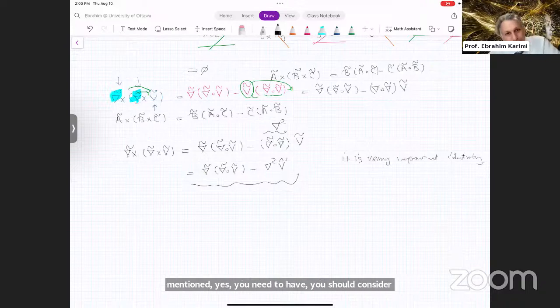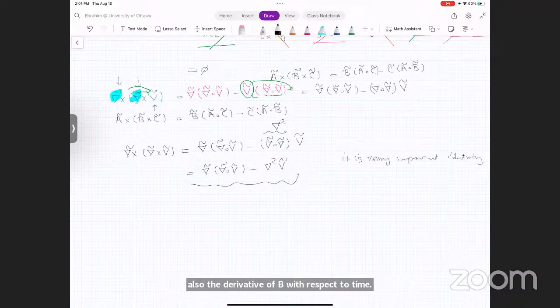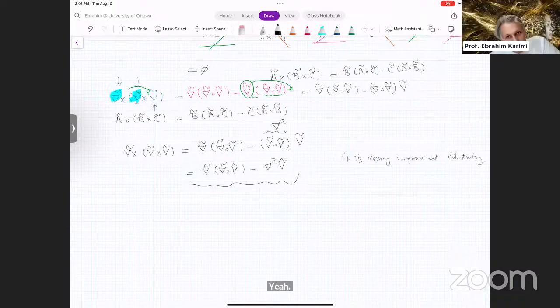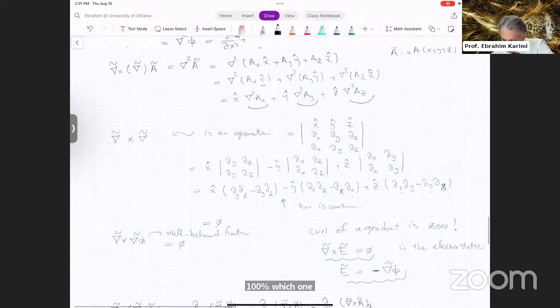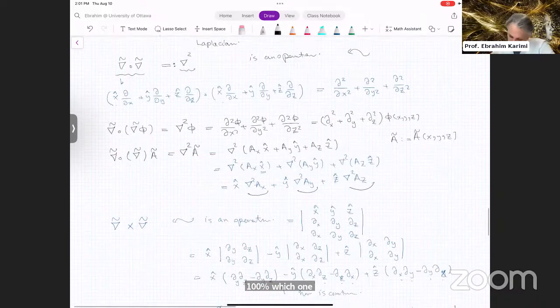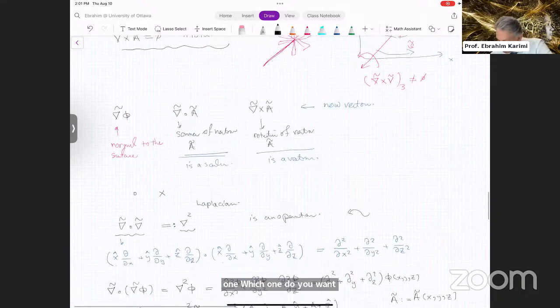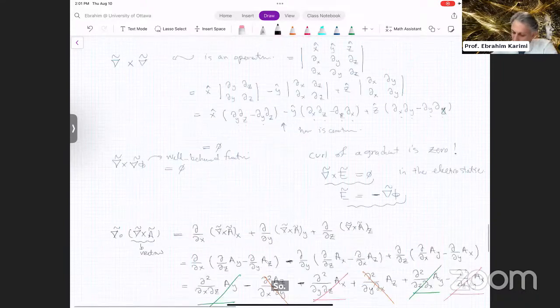And the last question: can you please show one of the calculations using Levi-Civita notation? 100%. Which one do you want? Okay, let's go with the curl.